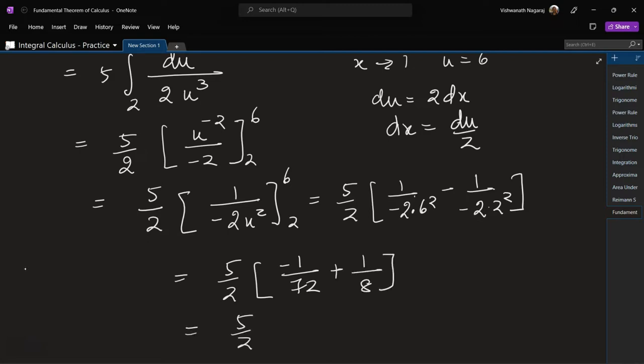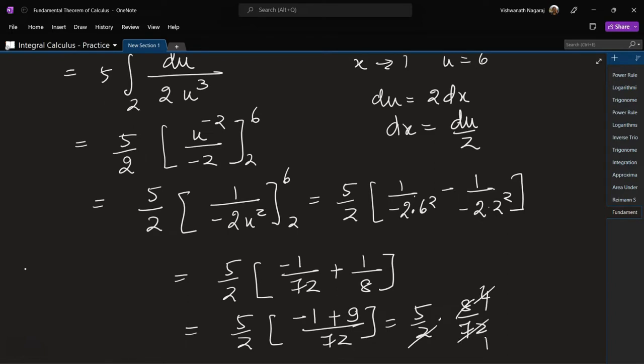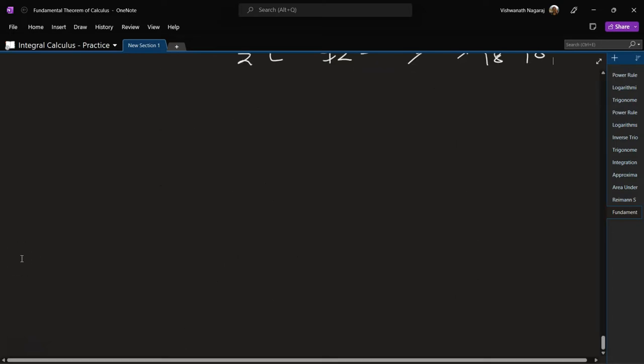So this would be 5 by 2 times, minus 1 plus 9 by 72, which gives us 5 by 2 times 8 by 72. 2 fours, 4 ones 4, 4 eights 32. So 5 by 18 is the integral. Okay. Now next one, 14th.